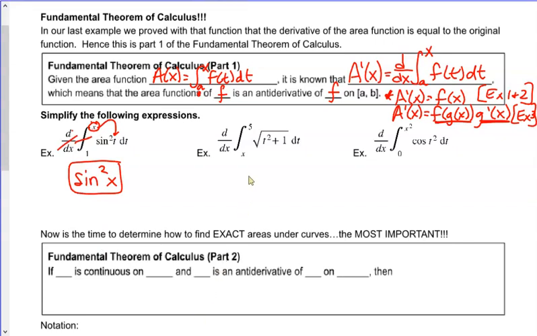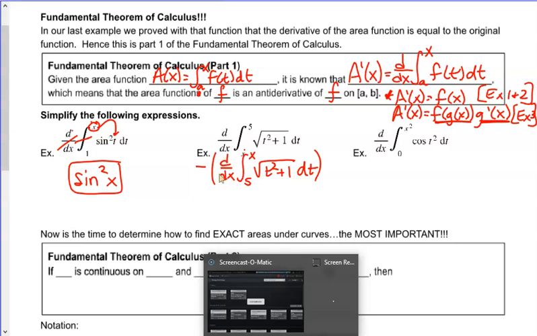Now this time, I don't have just a number down here and my variable up here. They're switched. But there is a property of integrals that I can switch my lower and upper bound. So in order to do that, I hope you recall that you have to take a negative out. And so then we get the negative of the derivative from now 5 to x of the square root of t squared plus 1 dt.